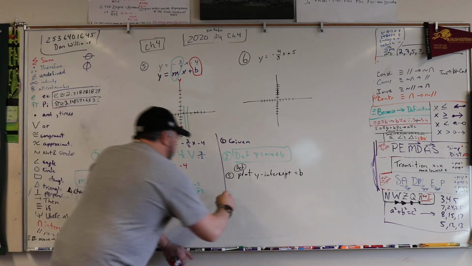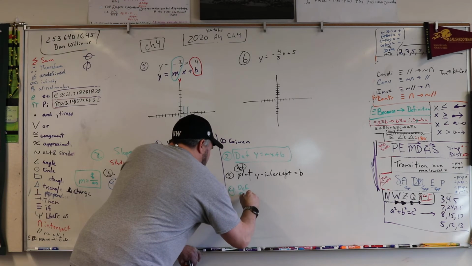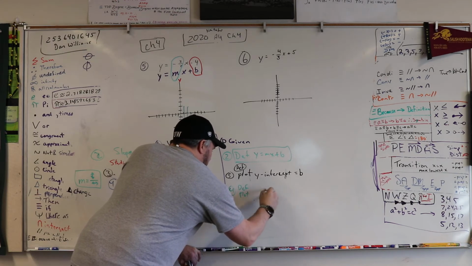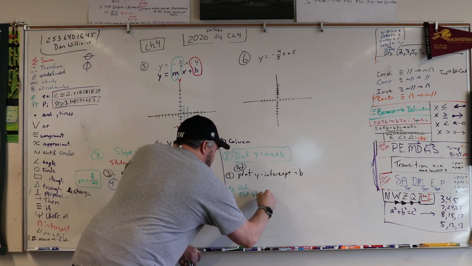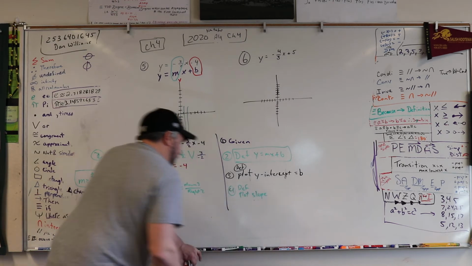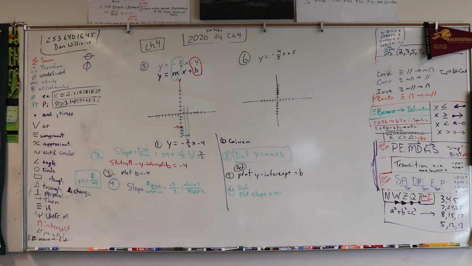And that is the definition of plot the slope, which equals m. Alright? But we have 2 possible slopes. We always have 2 possible slopes. Okay?